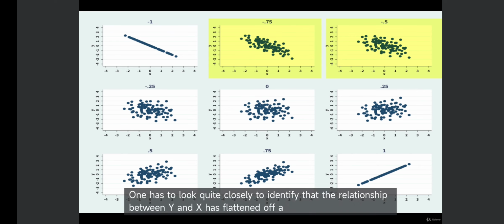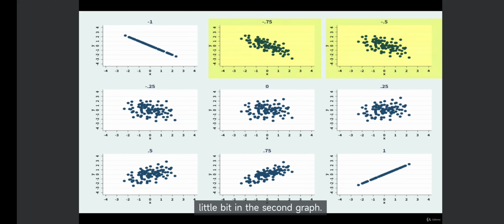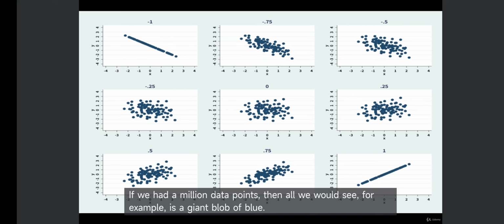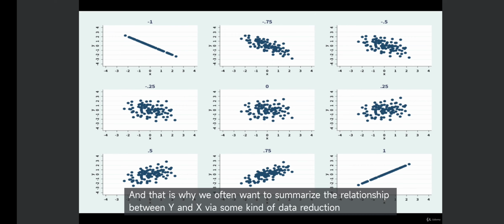One has to look quite closely to identify that the relationship between y and x has flattened off a little bit in the second graph. This becomes especially tricky if there are lots of data. If we had a million data points, then all we would see, for example, is a giant blob of blue. And that is why we often want to summarize the relationship between y and x via some kind of data reduction process.